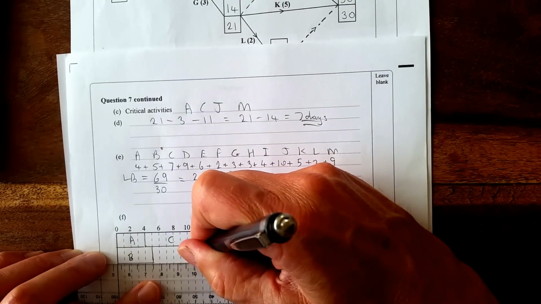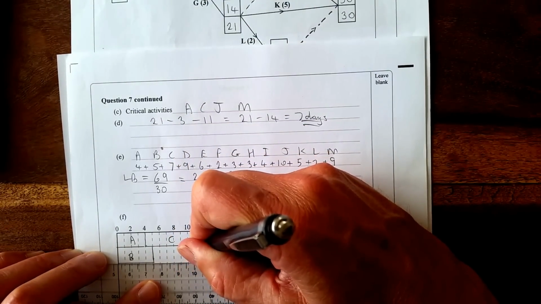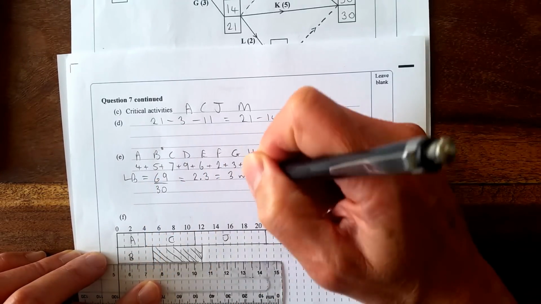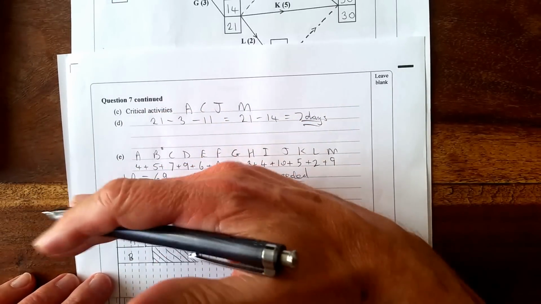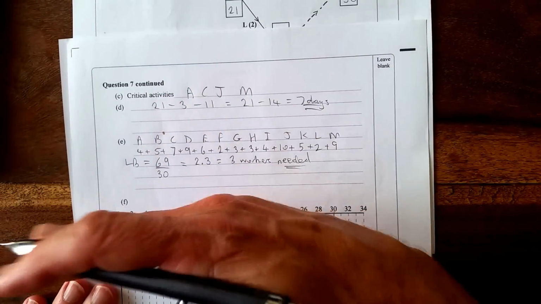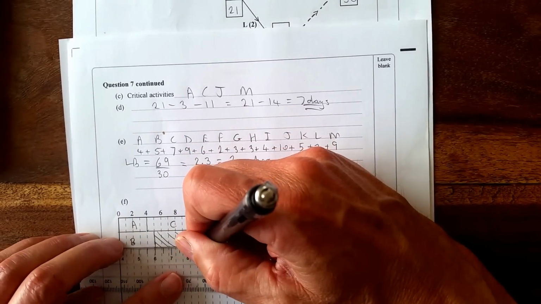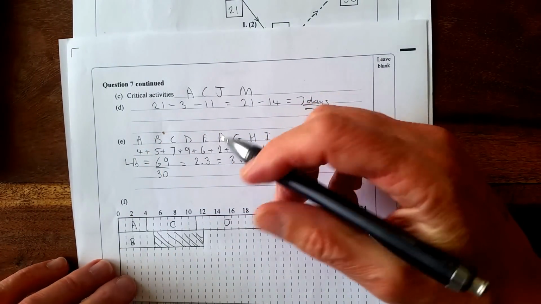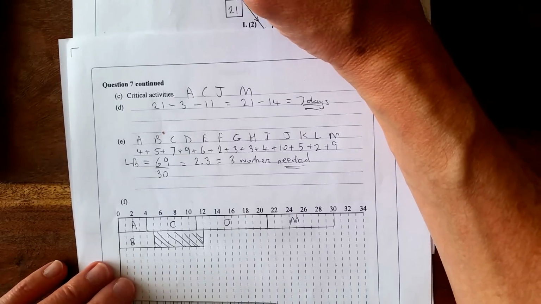So I'm going to put this here and shade that in, because that is the possible float. The cascade diagram just does what it says. You've got to cascade down and do each individual activity after the critical path separately. So I'm just going to work my way down.